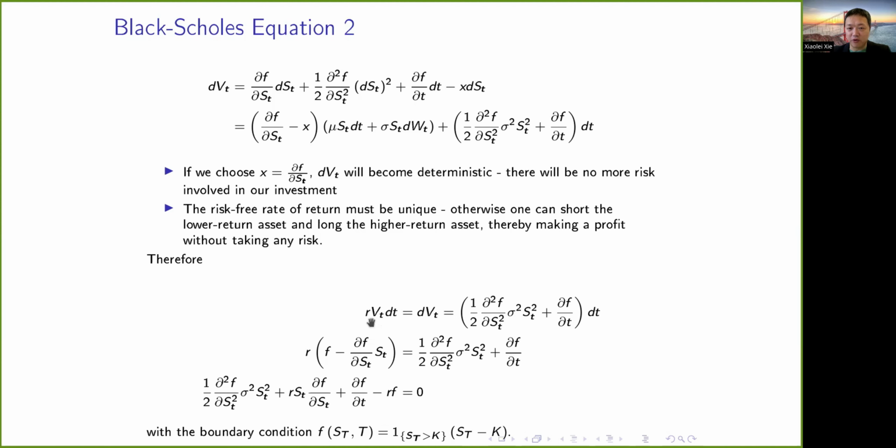Here R is the risk-free rate. So that means in the very small time interval of dt, the value of our portfolio should have increased by R times VT, and that is again given by this expression. So by moving the terms around, we will obtain the Black-Scholes equation.